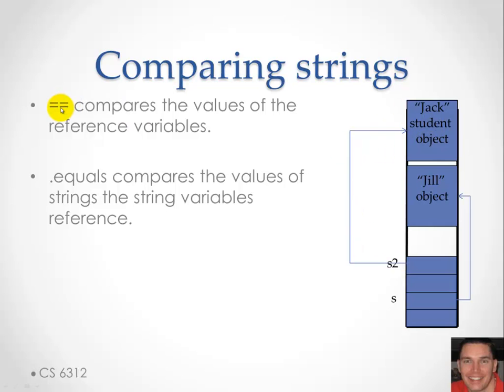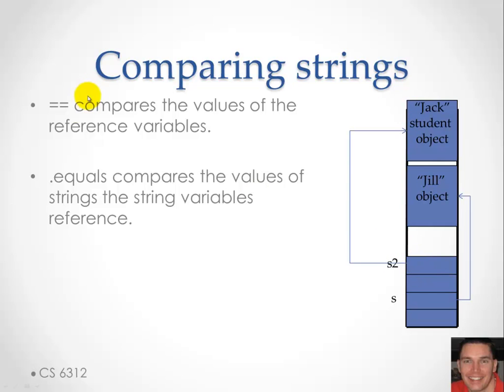When I say equal equal, it goes to these two cells, s2 and s, and sees: is the value here the same as the value here? Since they're pointing to different memory addresses, that's going to return false.